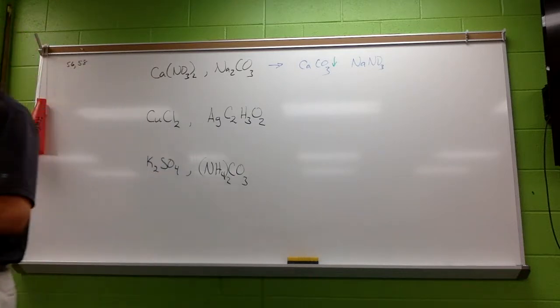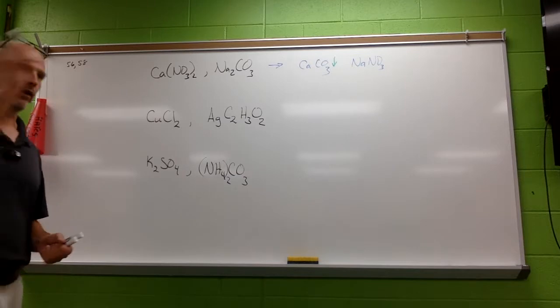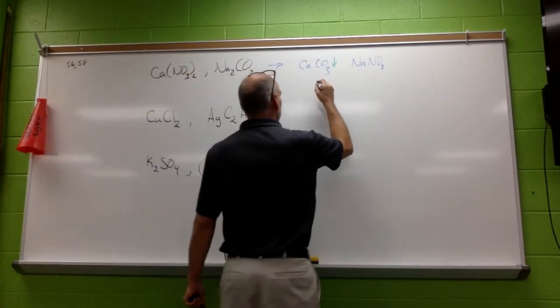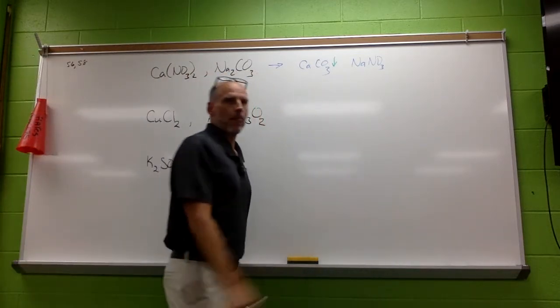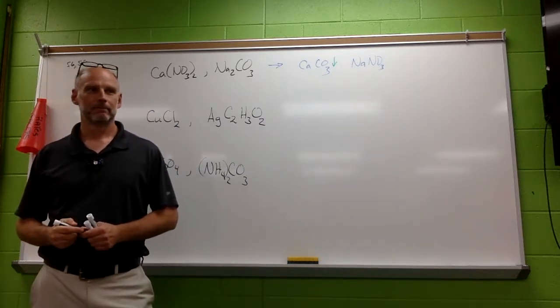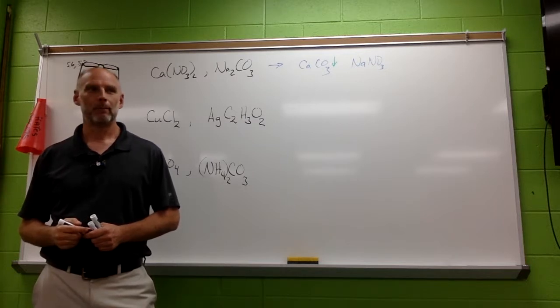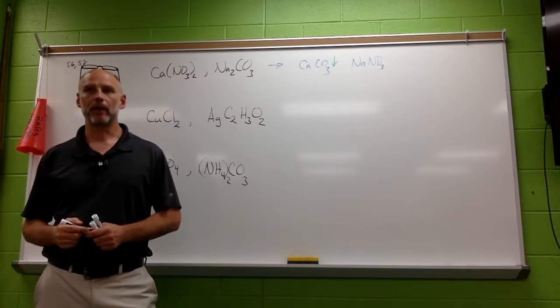So what is the net ionic equation that would represent that precipitation? Did you do the calcium carbonate and then the arrow? No, it'd be the other way around.